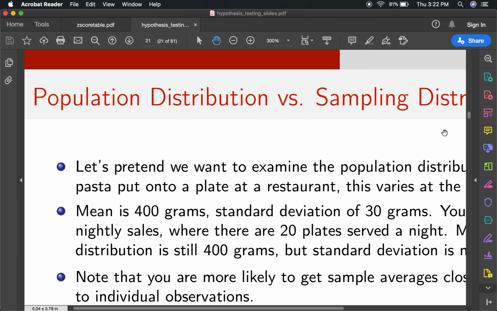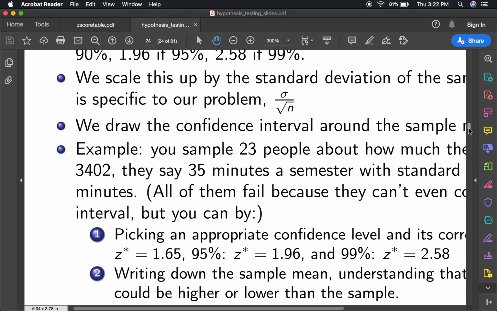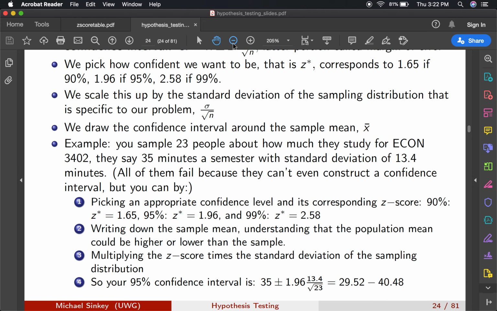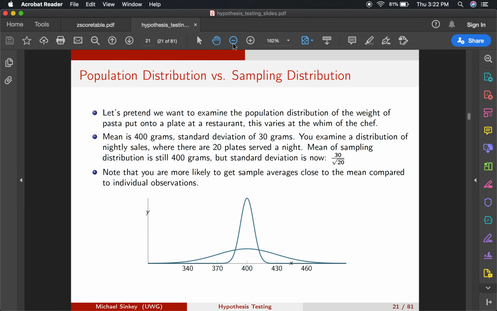Okay, we'll move down. This line right here. The taller line is a sampling distribution of 20 meals in an evening.